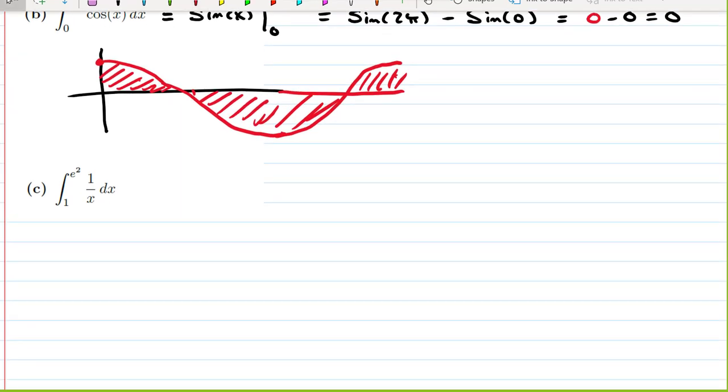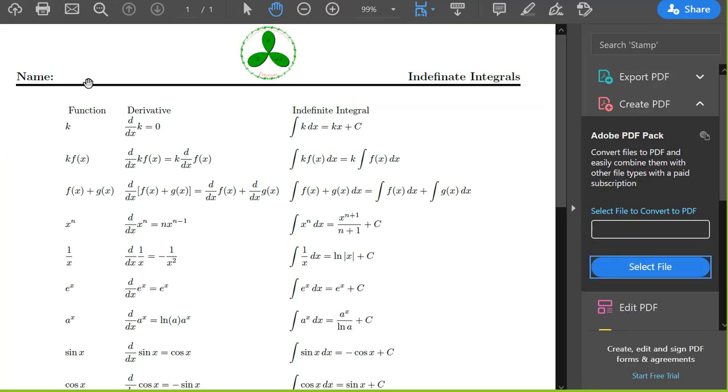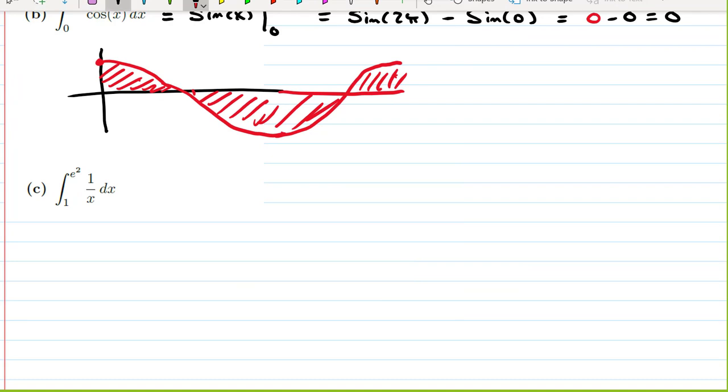So C, we wish to find the integral from 1 to e squared of 1 over x dx. So if we look at our integral sheet, we go down, we find 1 over x, and we see that the antiderivative, or the integral of 1 over x dx, is the natural log of the absolute value of x. So our antiderivative is going to be the natural log of the absolute value of x, evaluated from 1 to e squared.